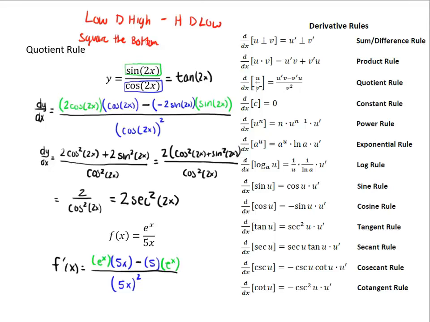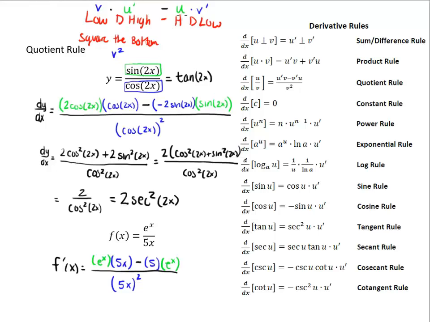Low is v, the denominator, right? So this is low times the derivative of the high, so u prime, minus the high, which is u, times d low, the derivative of the denominator. And then square the bottom. That's v squared, and that goes on the bottom, and away you go.